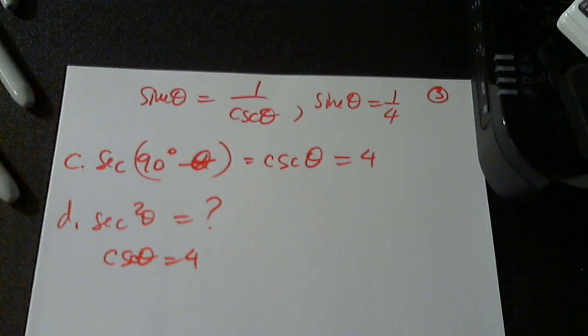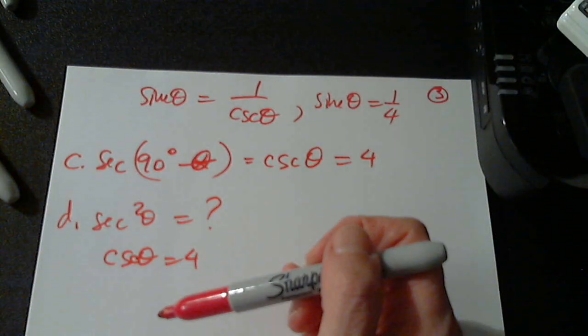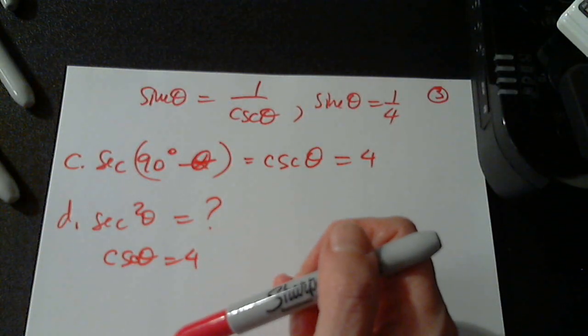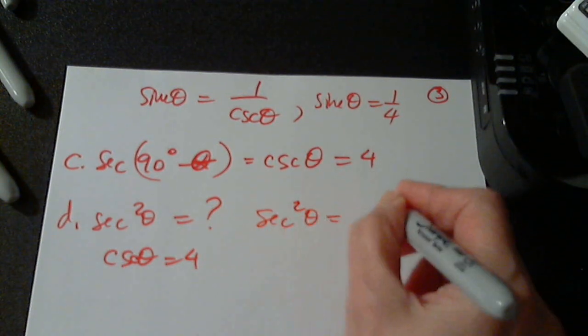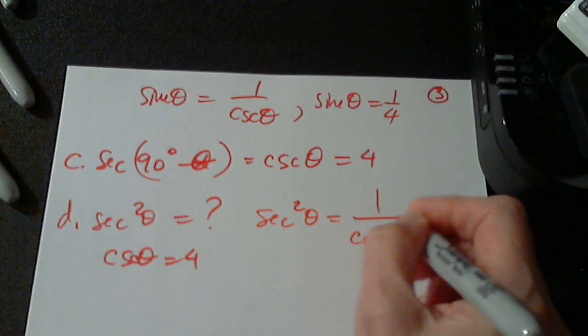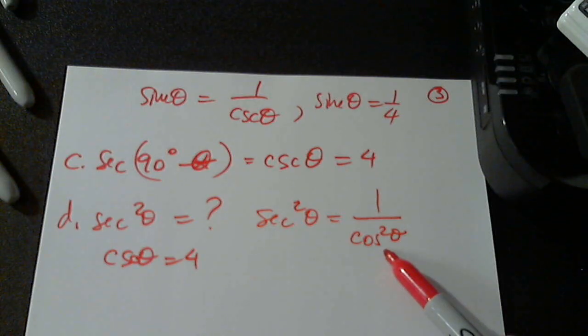Okay, good. Is there a relationship between these two? No. But I know that secant squared theta is 1 over cosine squared theta. Is there any way I can determine cosine or cosine squared?